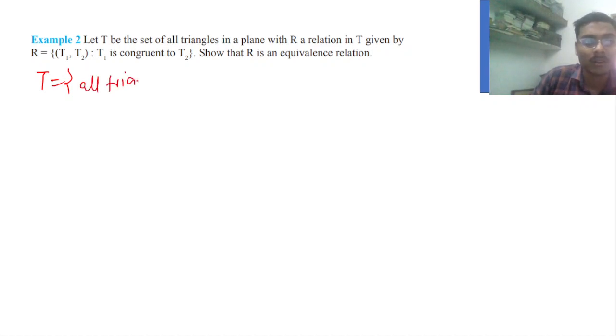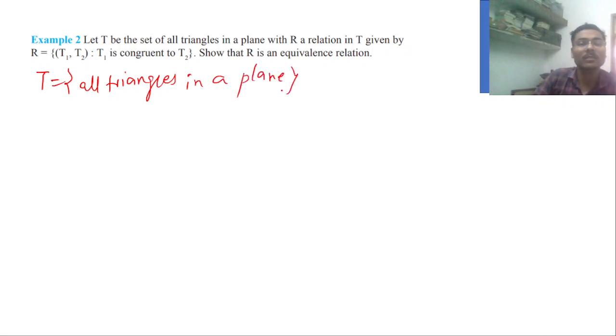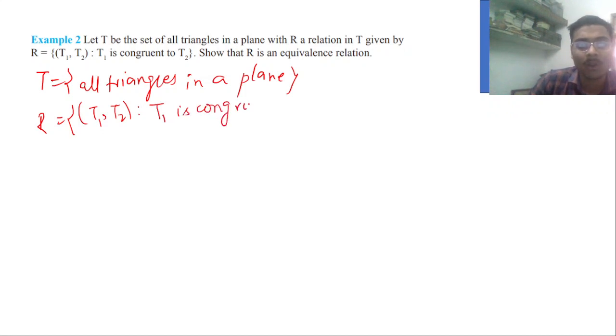So we consider all the triangles in the plane as set T, and R is saying that I will have only those pairs of triangles T1, T2 such that T1 is congruent to T2. I will have only those triangles which are congruent to each other.